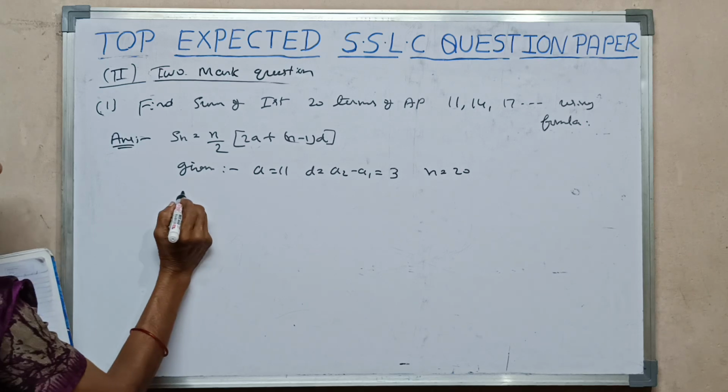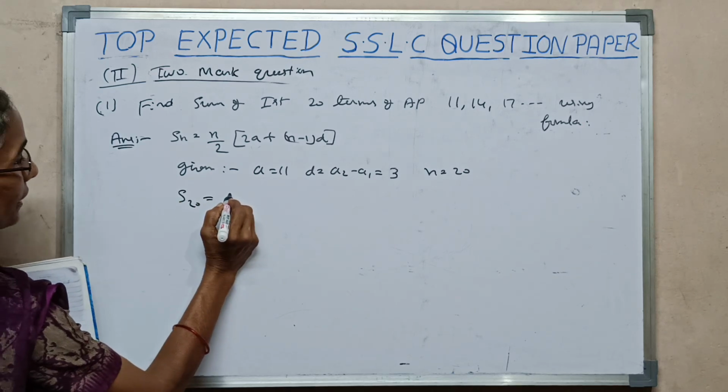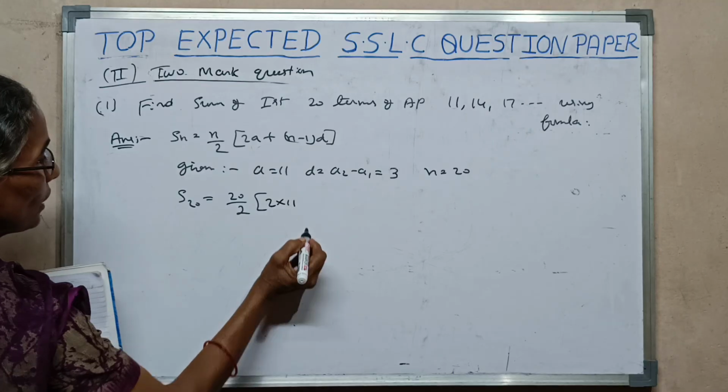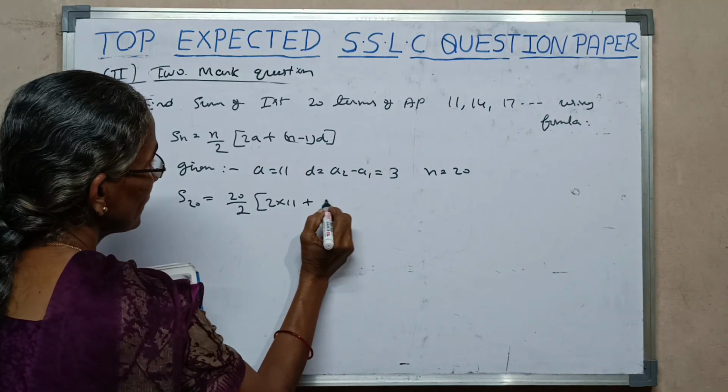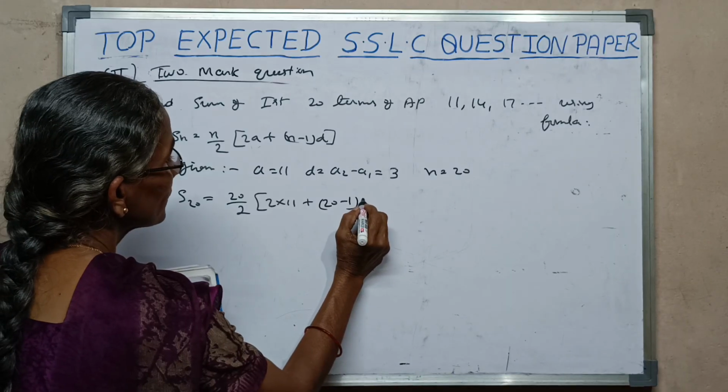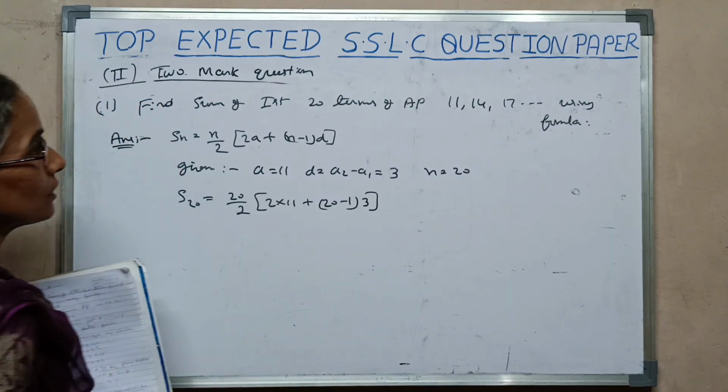So S20 equals 20 by 2 into 2 into 11 plus 20 minus 1 into 3.